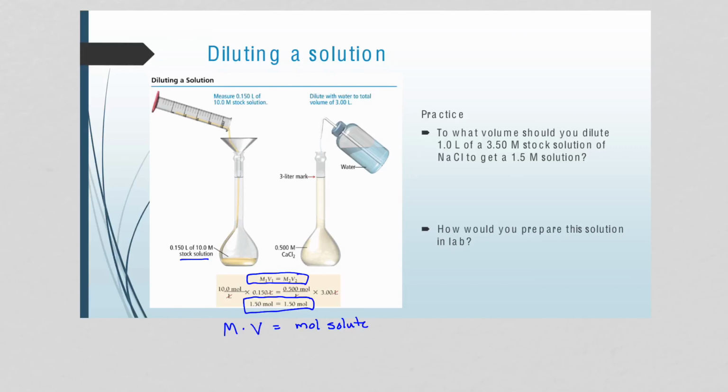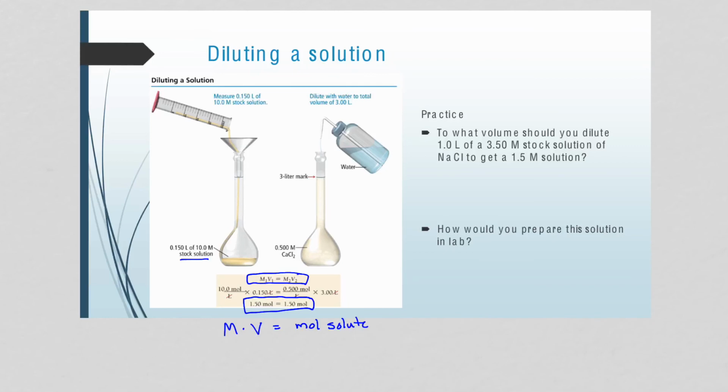So if we know the moles at the beginning, we know the moles are going to be the same at the end, which allows us to utilize this equation. So the key here is moles in the beginning equals moles at the end. And so that's why we can use this molarity times volume at the beginning equals molarity times volume at the end. So now let's do a couple examples.